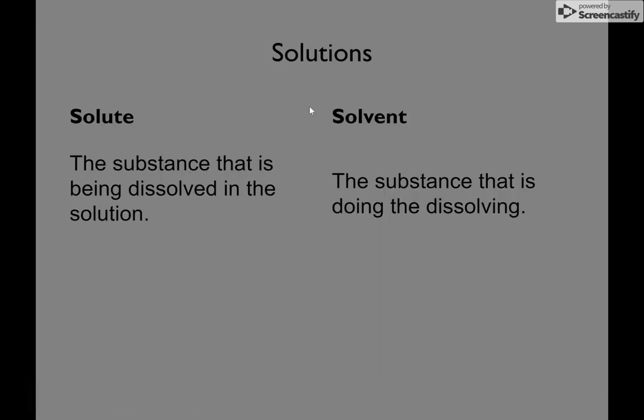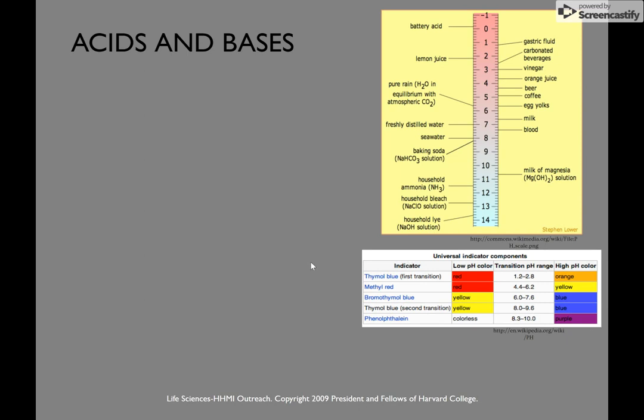So let's talk about what a solvent is. When we're talking about solutions, we have 2 parts of a solution. We have the solute, that's the substance that we're dissolving, and we have the solvent, where we're dissolving the thing into. So this is the substance doing the dissolving. And this becomes really important when we talk about acids and bases.